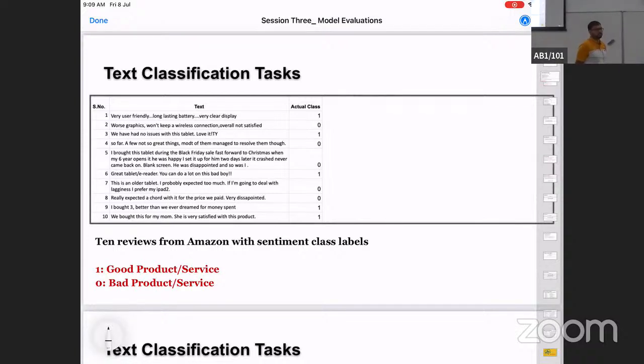That's a very simple idea. Here 1 represents a good product or a good service, and 0 represents a bad product or a bad service. It's very simple, and you can read out these reviews also and see that indeed it is the case.